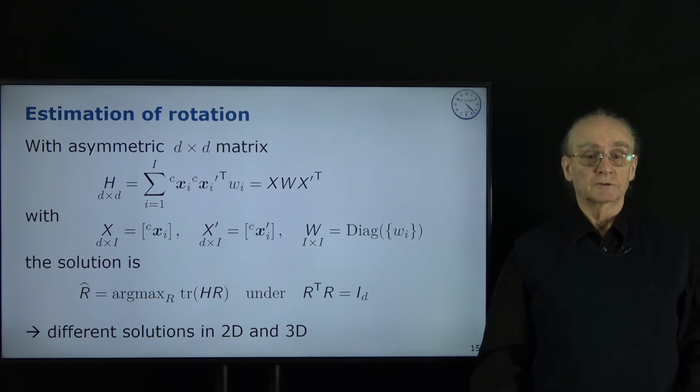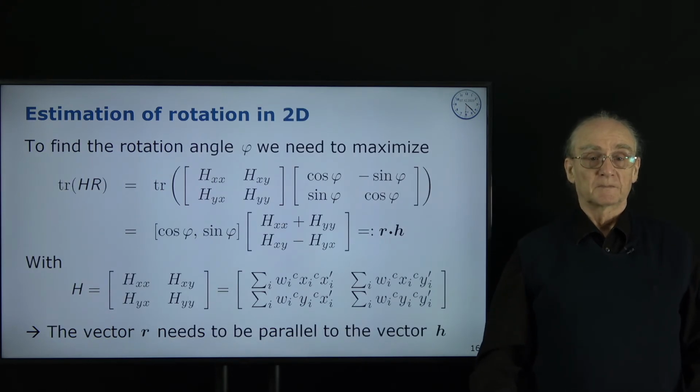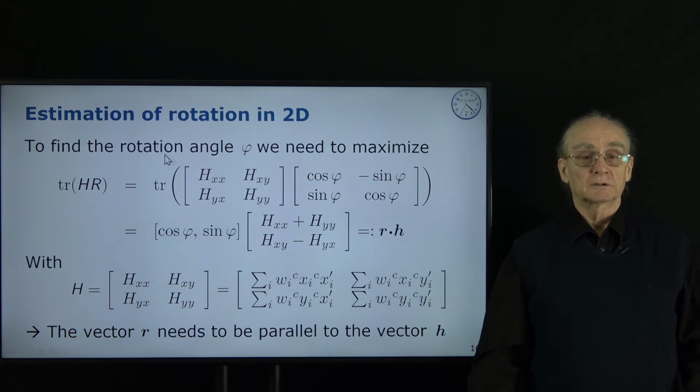And there are two different solutions, one in 2D, one in 3D. They differ to some extent. So let's start with 2D. So we write out the trace of the matrix H with R. So we have here the trace of H index XX, XY, YX, and YY.